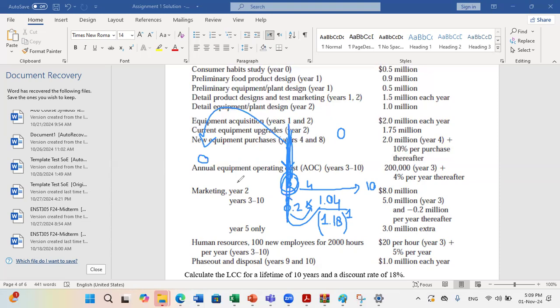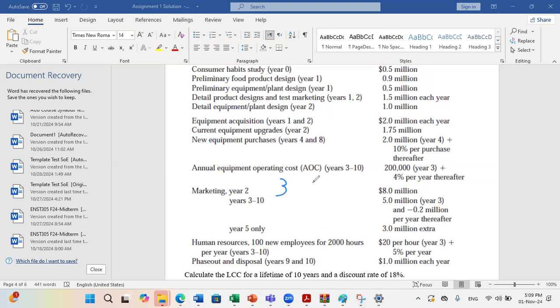Or if you want, you can do the methods that we learned together in class. And you can say the following. After year 3, so year 3, 4, 5, etc., each year I am multiplying the cost that I have by 1.04, and I am dividing by 1.18 if I want to get it back to year 3.